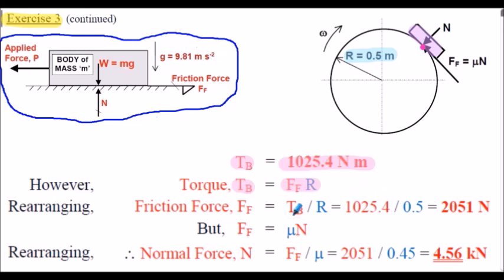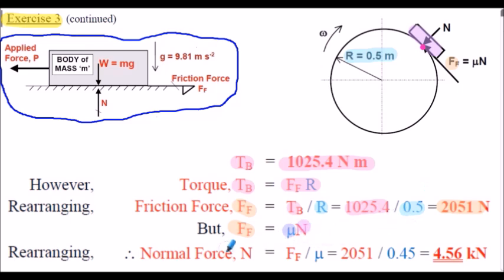So we can rearrange the equation to find the frictional force. It's simply the braking torque divided by the radius. Inserting the values, we find that the friction force required, shown here, is 2051 newtons. But we know that the frictional force is equal to the coefficient of friction multiplied by the normal force.